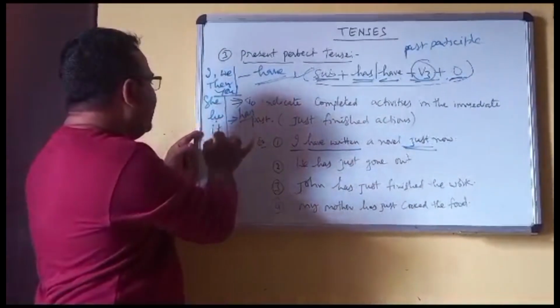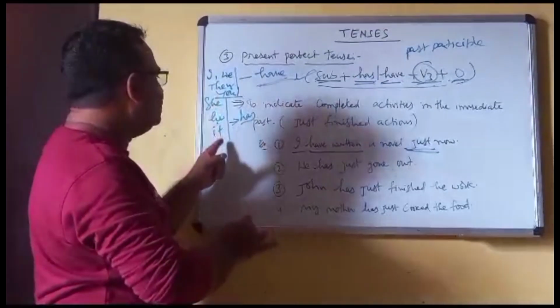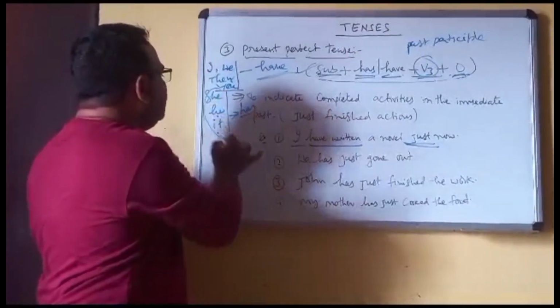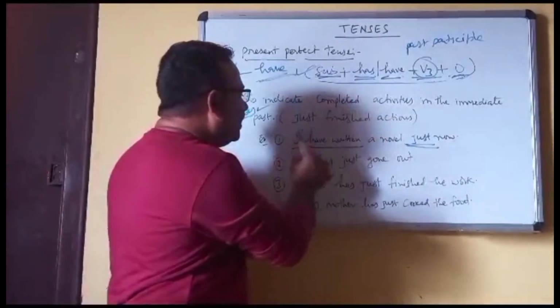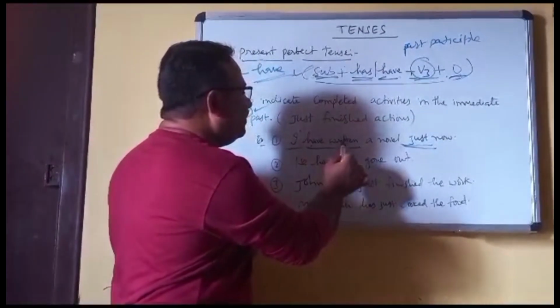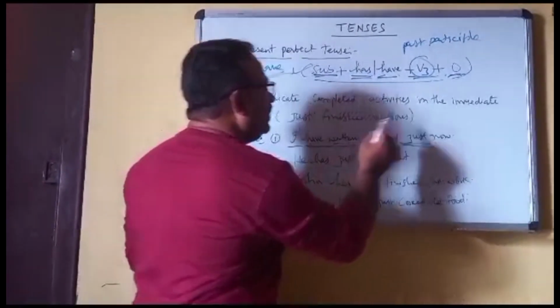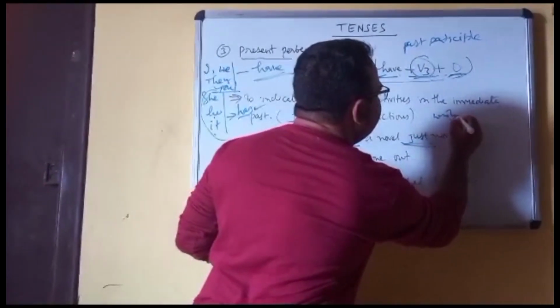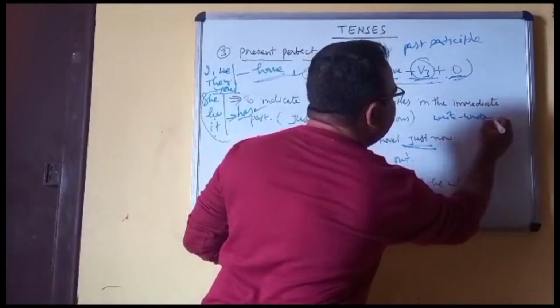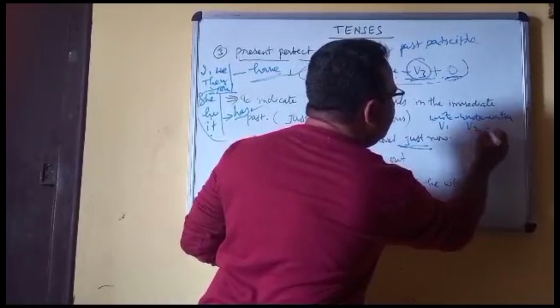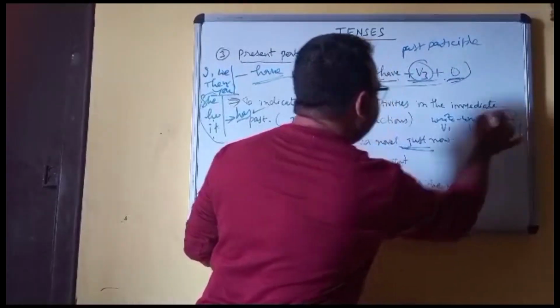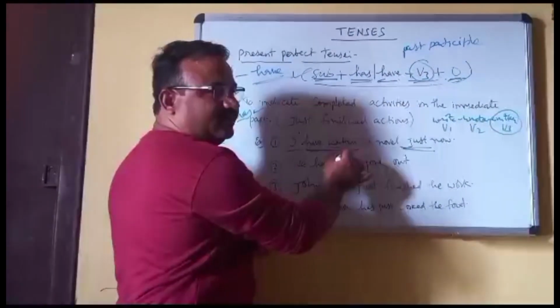She, he, it, third person singular, have to use has. Now I, so that's why have plus V3. Write, wrote, written. So V1, V2, V3. So written. So have plus V3.